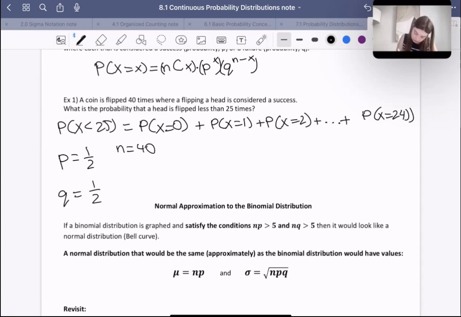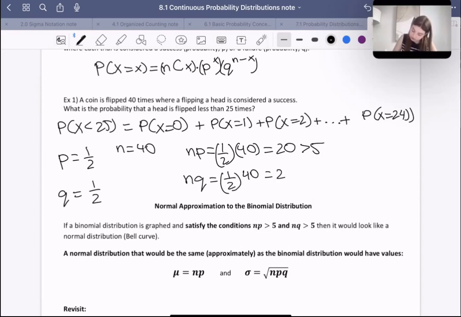So np is 1 half times 40, which is 20, which is certainly greater than 5. And nq is also 1 half times 40, which is 20, also greater than 5. Therefore, we have high enough expected values for the failures and the successes that we're able to use this normal approximation.